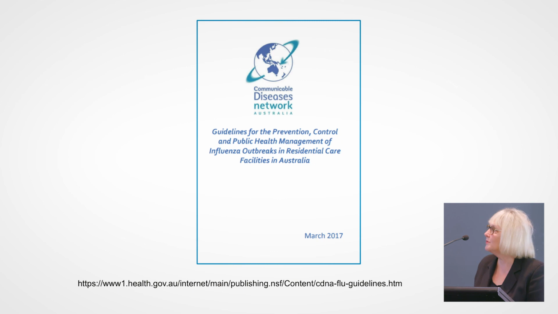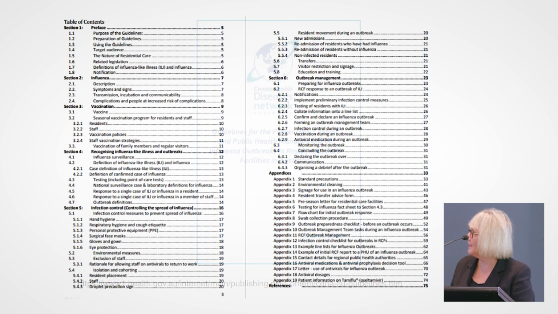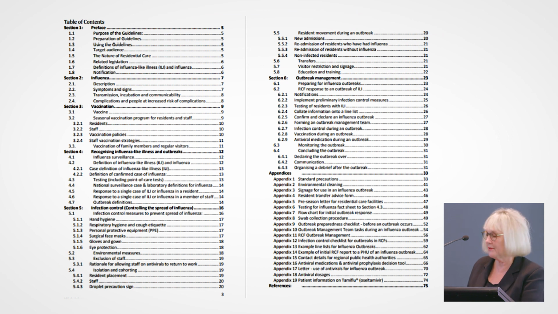This has been helped by a CDNA document with guidelines for management of influenza outbreaks in residential care facilities, which is at that website down there, but you can just search it under CDNA guidelines influenza and you'll find it. And I think that Lisa's going to speak some more about this document, but it's got a lot of useful information in there.